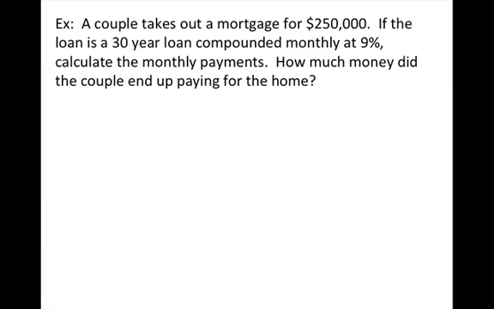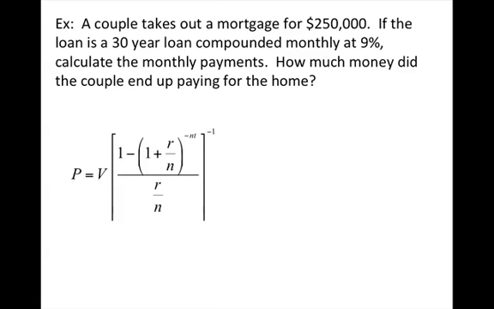So I know these are the formulas with the V in them. So since I'm looking for the payment amount, I'm going to use the P equals V formula. V is the current value that I owe on the home, which is $250,000. P represents my monthly payments, which is what I'm looking for. R is my interest rate, which is 9%.